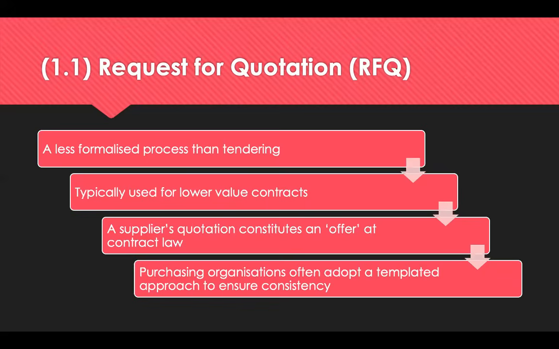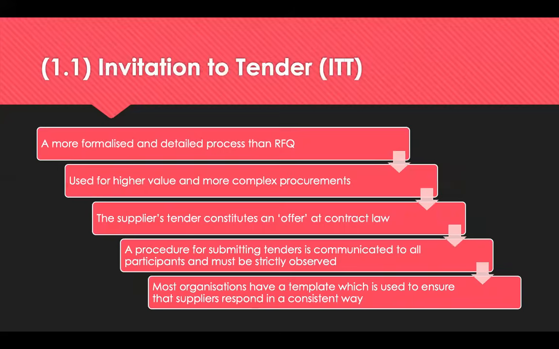But in summary, an RFQ is a less formalised process than tendering, typically used for low-value contracts. The supplier's quote constitutes an offer in contract law, and the purchasing organisation often adopts a templated approach.